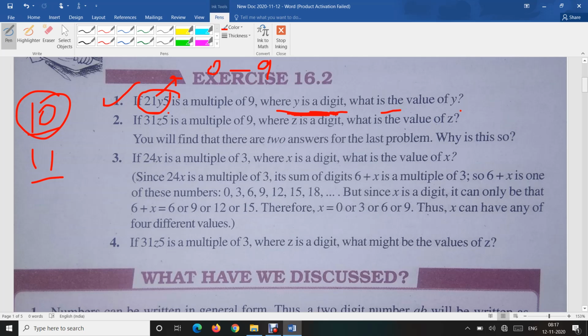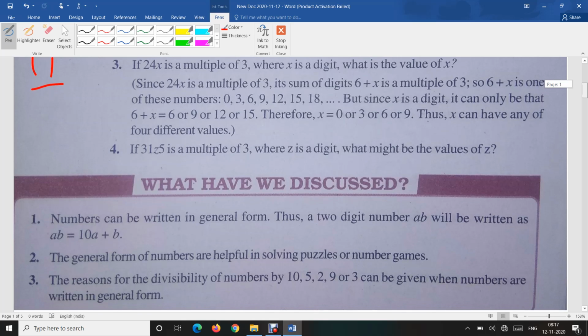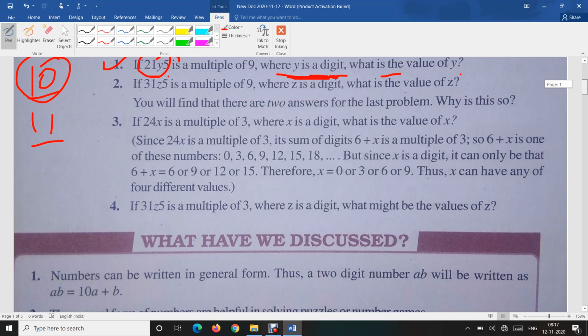So now remember, what is the test of divisibility of 9? A number is divisible by 9 if the sum of all the digits of the number is divisible by 9.